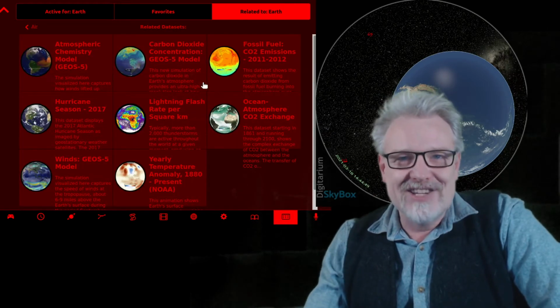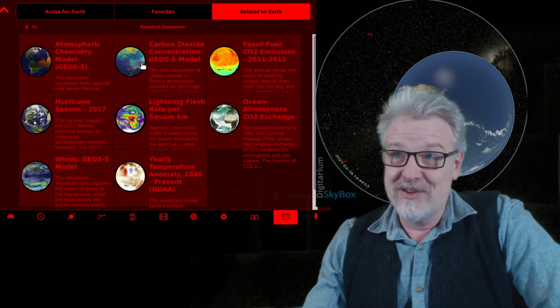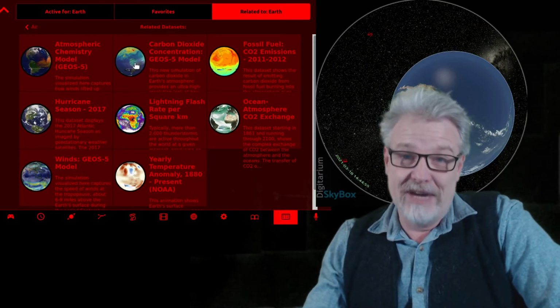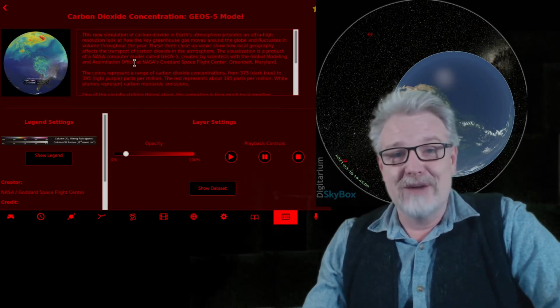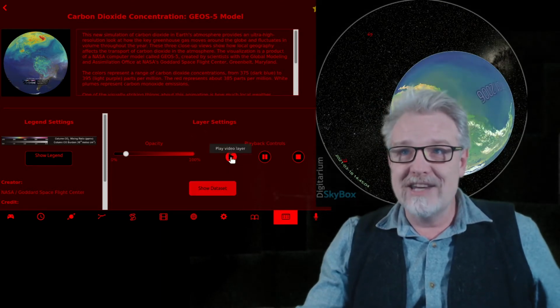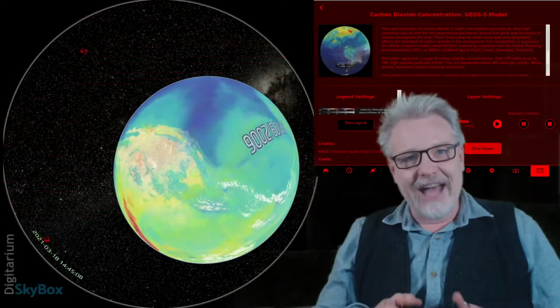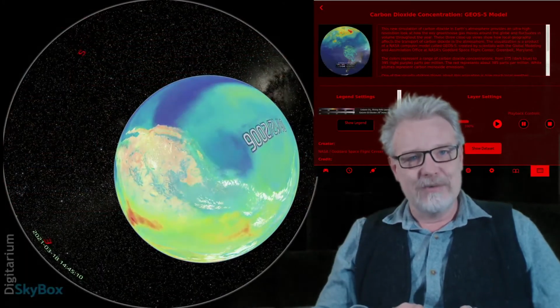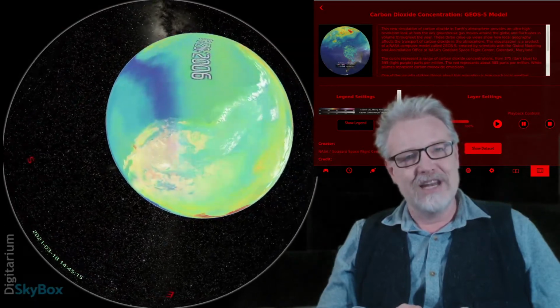These are some of the data sets that we've added to the system. Some of these are from NASA, so this is carbon dioxide concentration. This is data that was taken with satellites orbiting the Earth. So when I hit show data set, it is showing us actual data that was collected, so not just an artist's idea of the data.